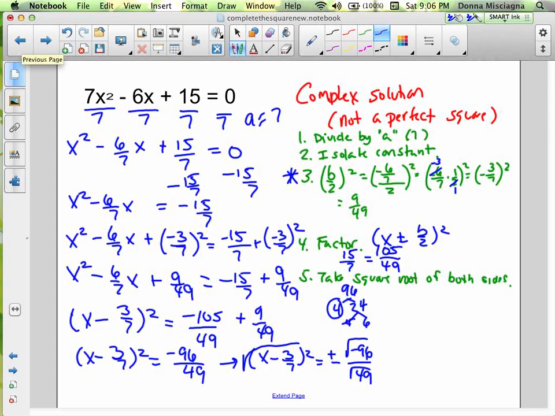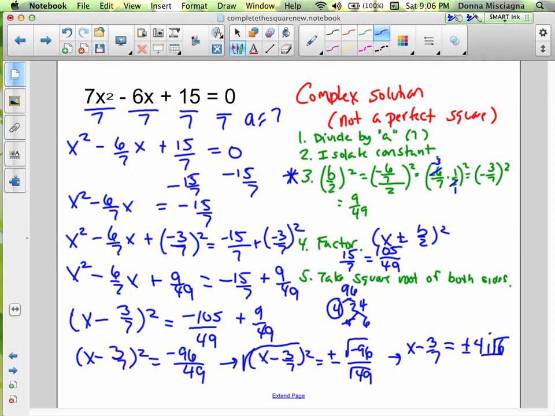And of course, 49 is a perfect square. And we see we have a negative. So this is going to be x minus 3/7 equals plus or minus 4. Square root of negative 1 is i. And then we're going to have the 6 left under the radical. 6 isn't a prime number, but it's 2 and 3, and so you can't do anything with a 2 and a 3.